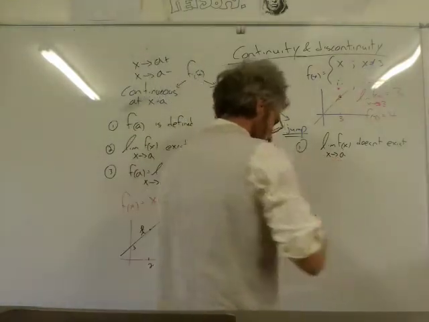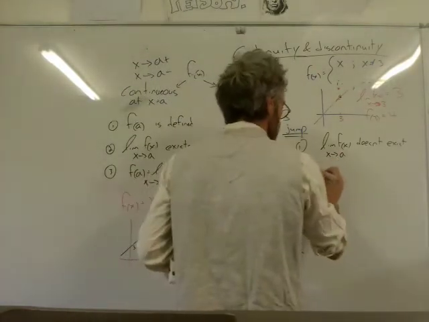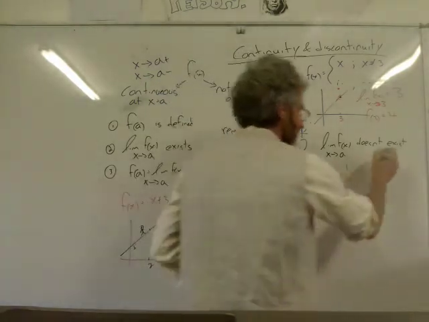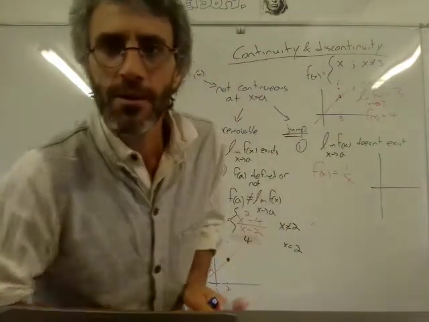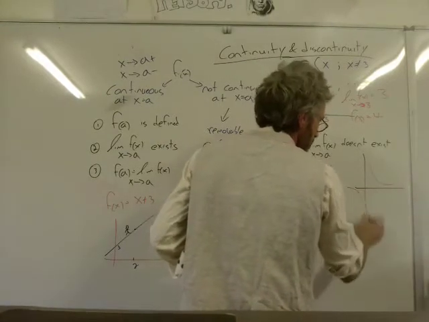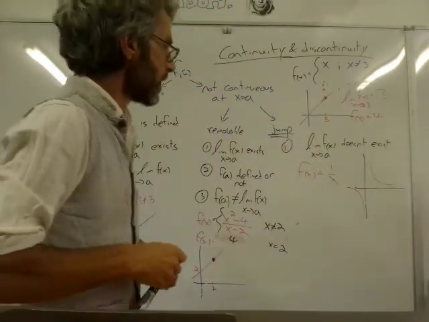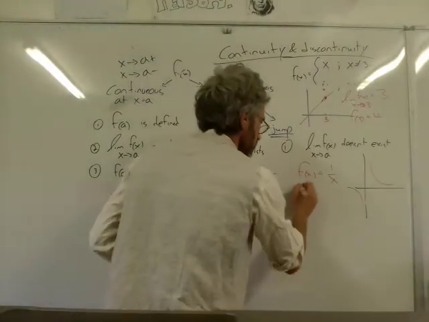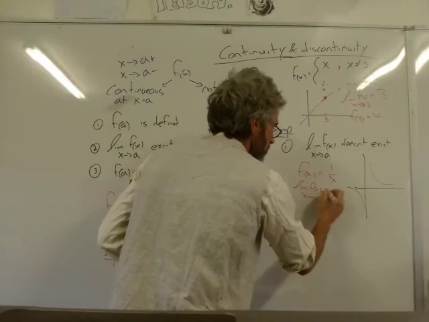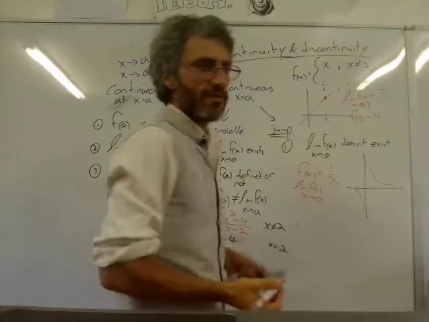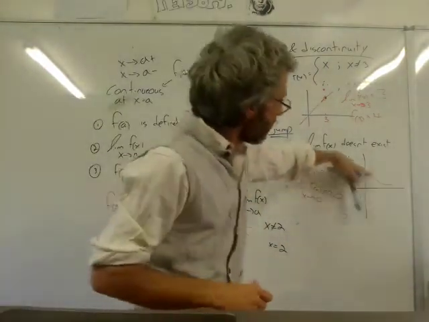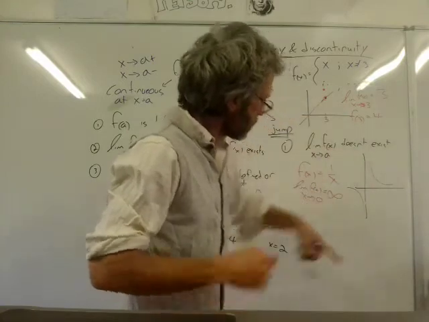The first one is a function like f of x equals 1 over x. If you draw that, that is a hyperbola. At x equals 0, the limit of f of x when x approaches 0 blows up to infinity. This is our next lesson, really. So it definitely doesn't exist.